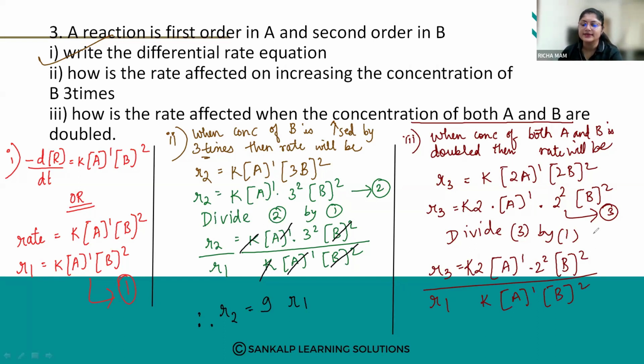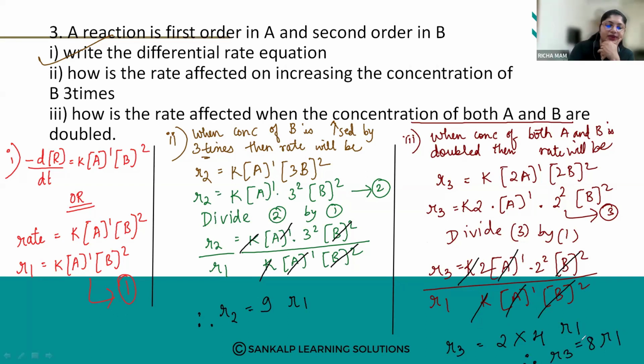Cancel similar terms: K gets cancelled, A1 gets cancelled, B square gets cancelled. So R3 is equal to 2 into 2 square, which is 8, times R1. Got it? Is it clear now? Yes, ma'am.